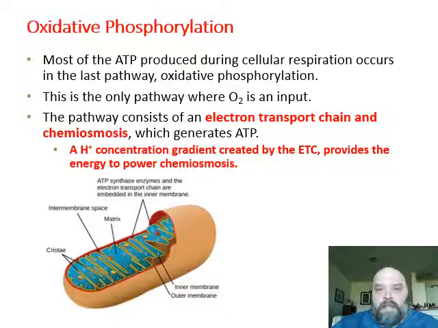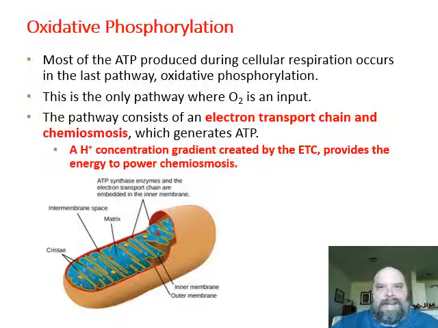On the cristae, embedded within it are going to be integral and peripheral proteins that are going to be responsible for setting up the energy that's going to be required for the making of the ATP.